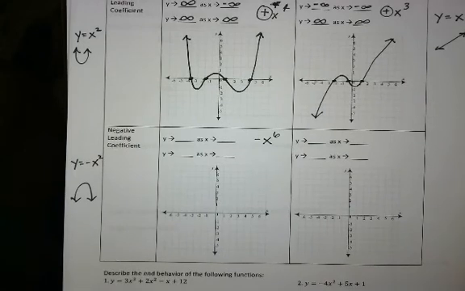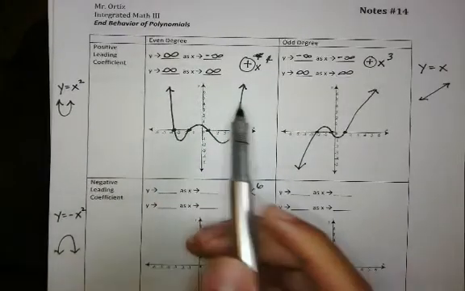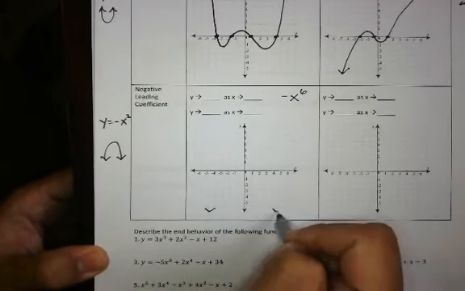Now if I put it to the 6th power, what should our graph look like? What does that 6 represent? Number of x-intercepts. Very good. I want to keep saying this because I want you to keep hearing it. That's the number of intercepts you're going to have. So we're going to have 6 intercepts.